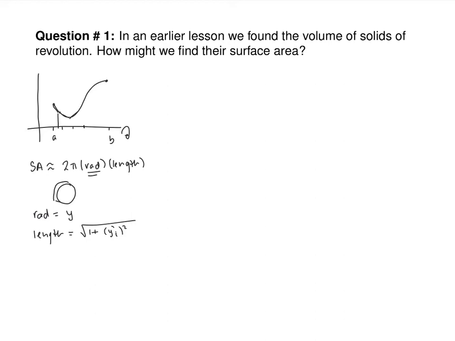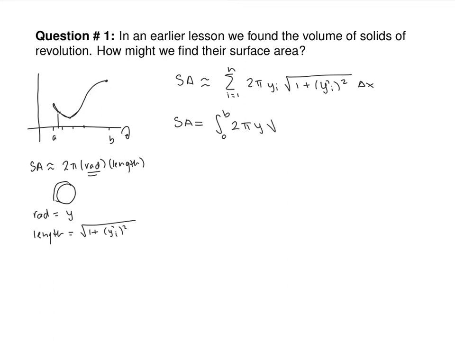So the surface area in general will be about equal to a sum from i equals 1 to n of 2 pi y sub i square root 1 plus y prime of i squared times delta x.